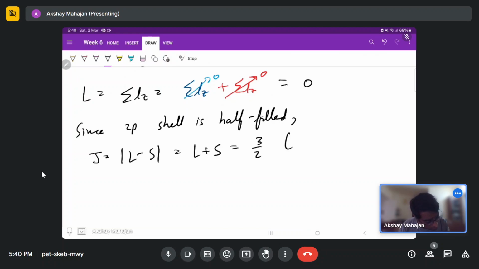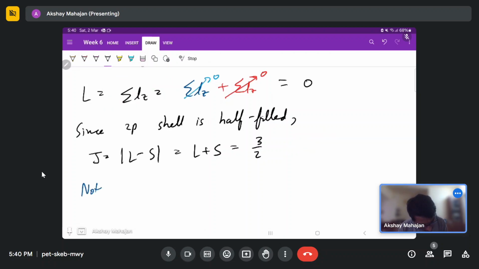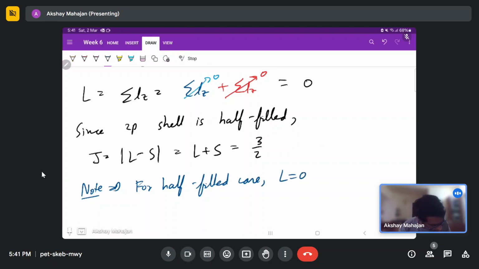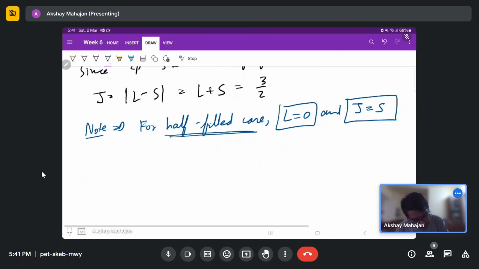So J will be equal to S. You can just remember this note: for a half filled case, L is equal to 0 and J is equal to S. So now we have S equal to 3 by 2.